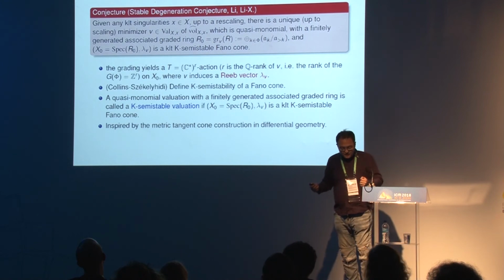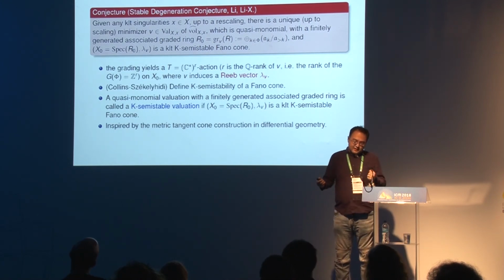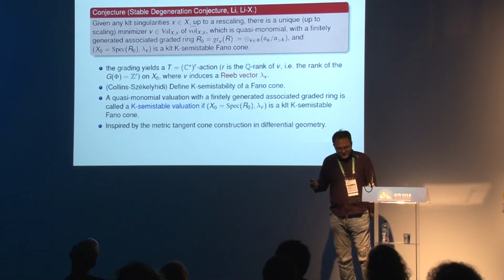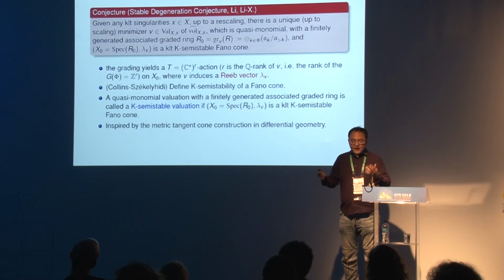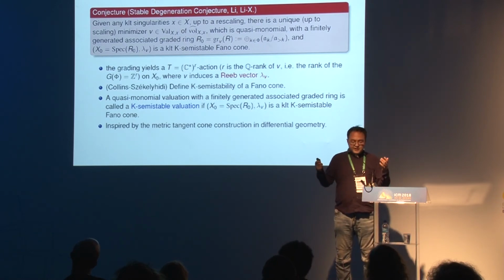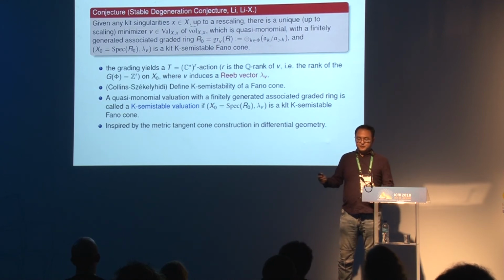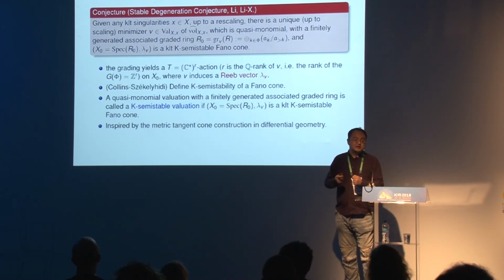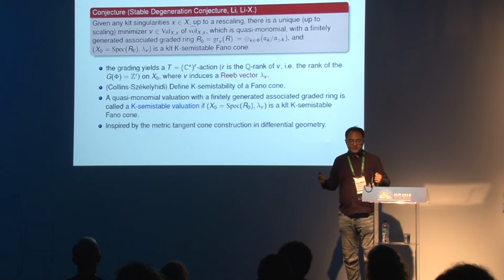Here, the K-semistability is slightly generalized, it's not K-semistability for a Fano variety. If you ask the metric question, whether a Fano cone singularity is K-stable or not corresponds to whether it has a Sasaki-Einstein metric. So somehow we generalize the Einstein metric to Sasaki-Einstein metric.